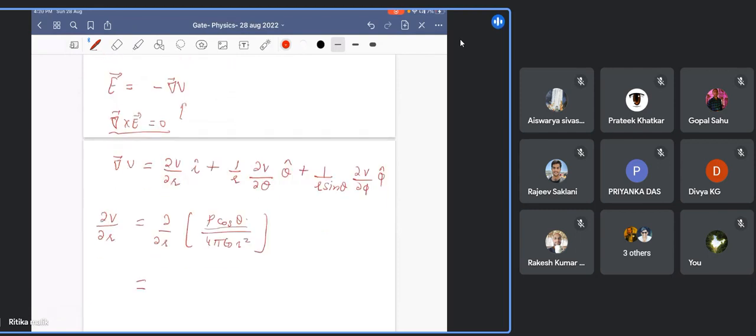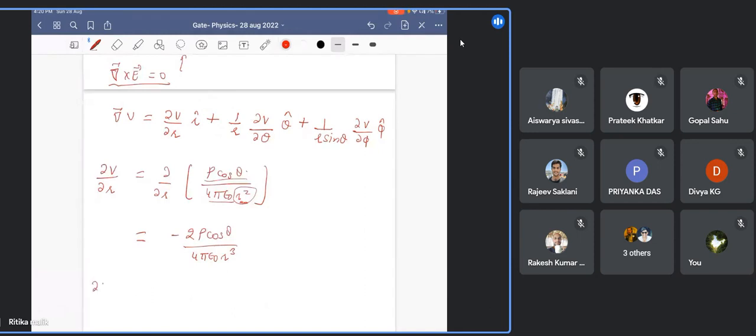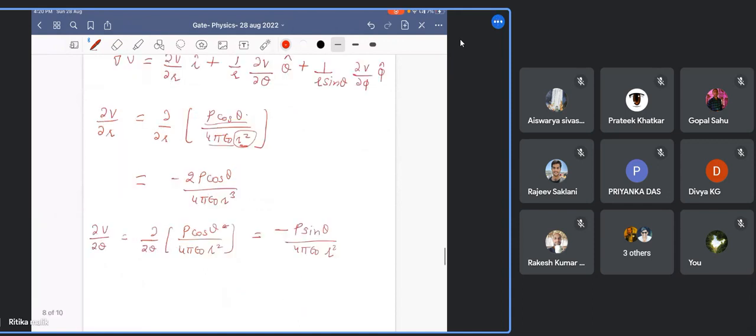All these quantities are independent of r, only r square is going to be differentiated. So we are left with minus 2p cos theta upon 4 pi epsilon naught r cube. Similarly, we can calculate del V by del theta, which is del by del theta of this quantity. Here all these quantities remain constant, only the theta dependence is going to be differentiated. We are left with p sine theta upon 4 pi epsilon naught r square.